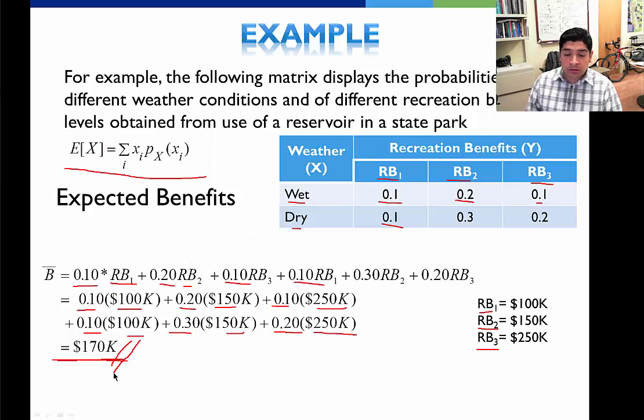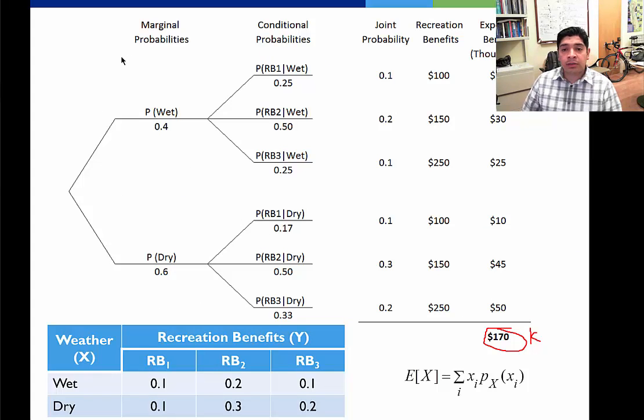Something that is very useful is to know how to build this decision tree. Why? Because once you learn how to read this, it's actually very useful. The first thing you can notice here is that there is a 40% chance that the weather will be wet, or 60% that it will be dry. If I give you only this information, you can estimate the probability of wet. Why? Because if you add these 3 numbers, that is what gives you wet.